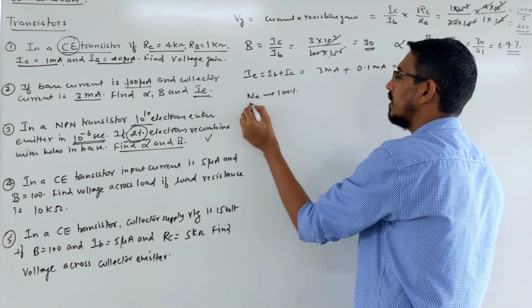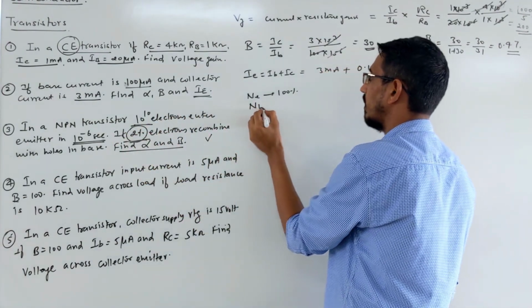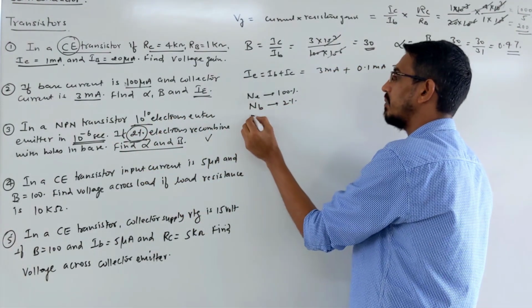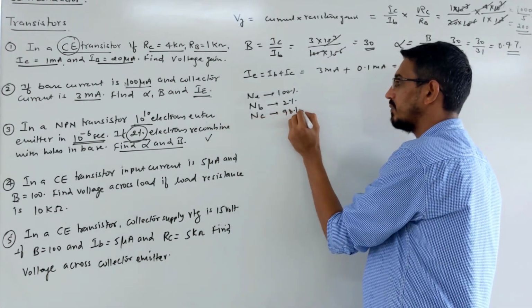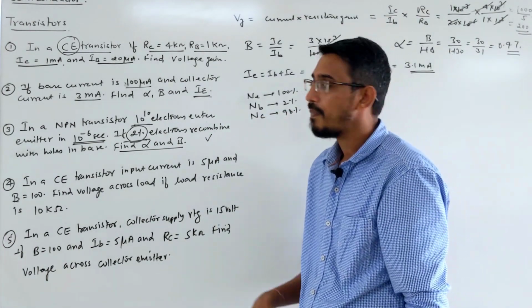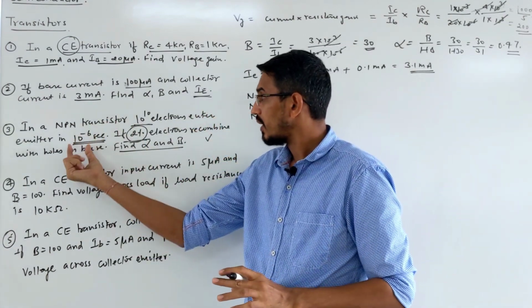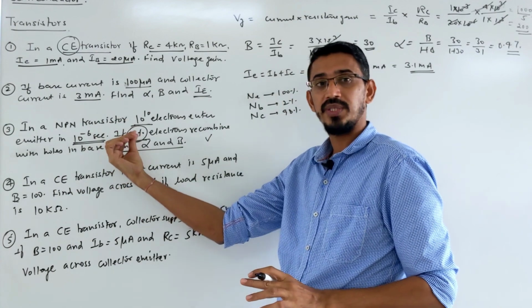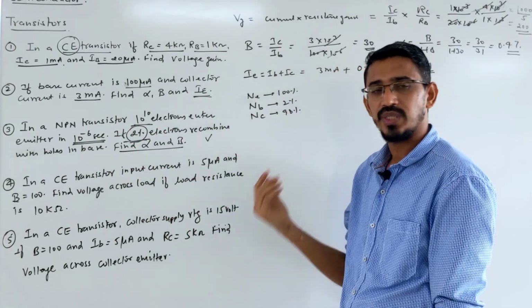Then the number of electrons lost or recombined in base is 2%. It means the number of electrons reaching the collector is 98%. Hope you are understanding this directly. Some electrons are generated in the emitter. They say 2% are lost in the base or recombining. So 2%, the remaining 98% will obviously go to your collector.